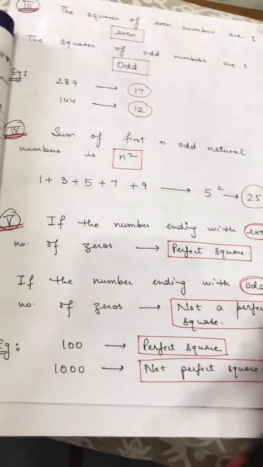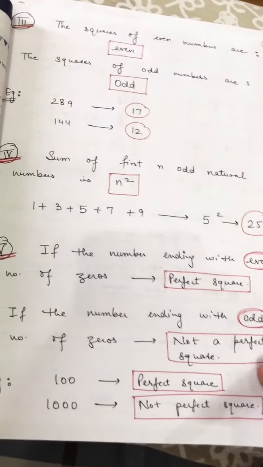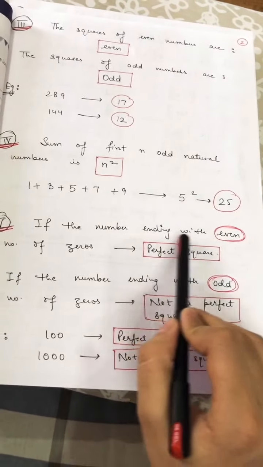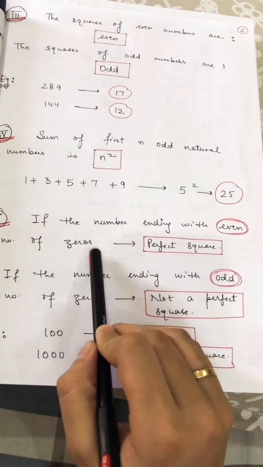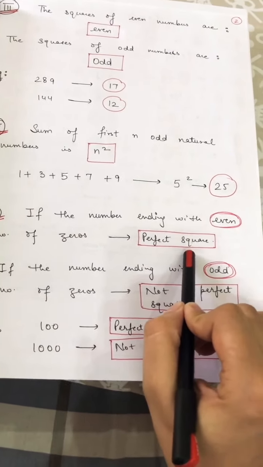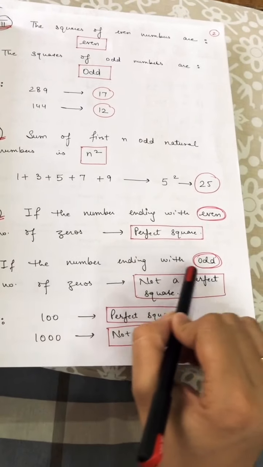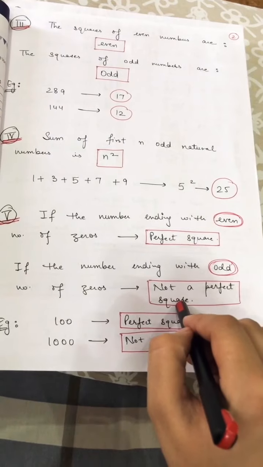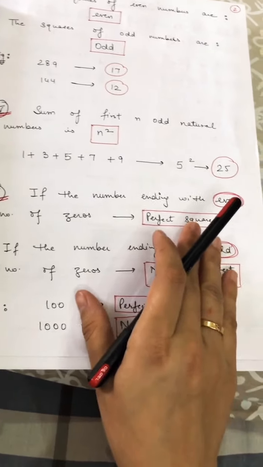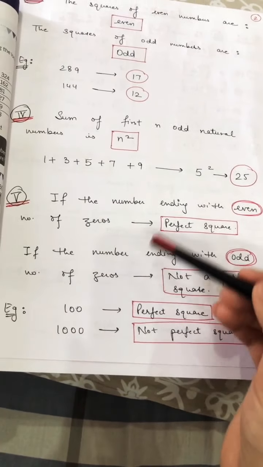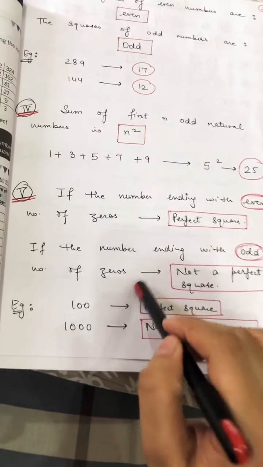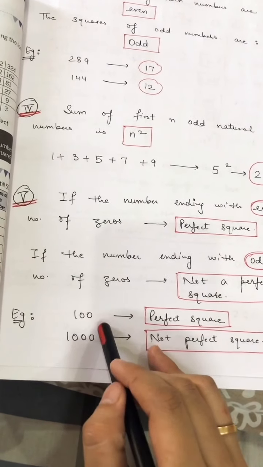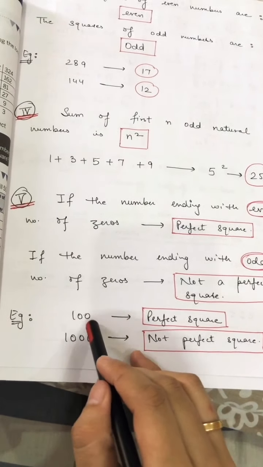The last, the fifth rule, is: if a number ends with an even number of zeros, that number is a perfect square. If the number ends with an odd number of zeros, that number is not a perfect square. Suppose I have a number with 2 zeros.